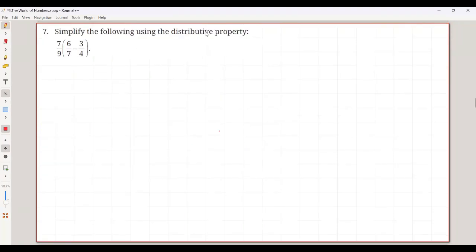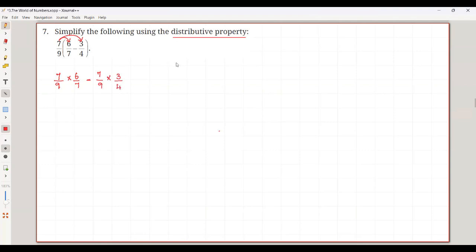Simplify the following using distributive property. Distributive property means you have to distribute 7 by 9 equally to 6 by 7 and to 3 by 4. It is given as 7 by 9 into 6 by 7 minus 7 by 9 into 3 by 4.